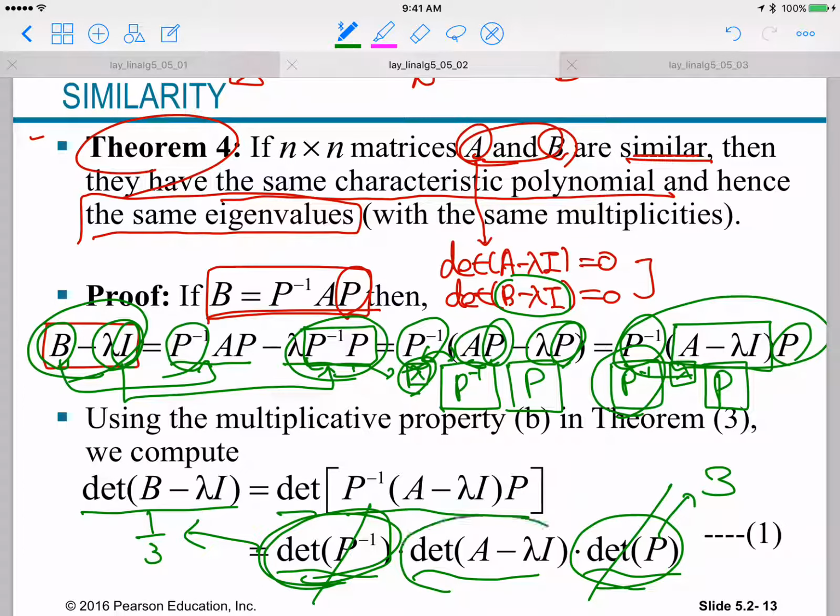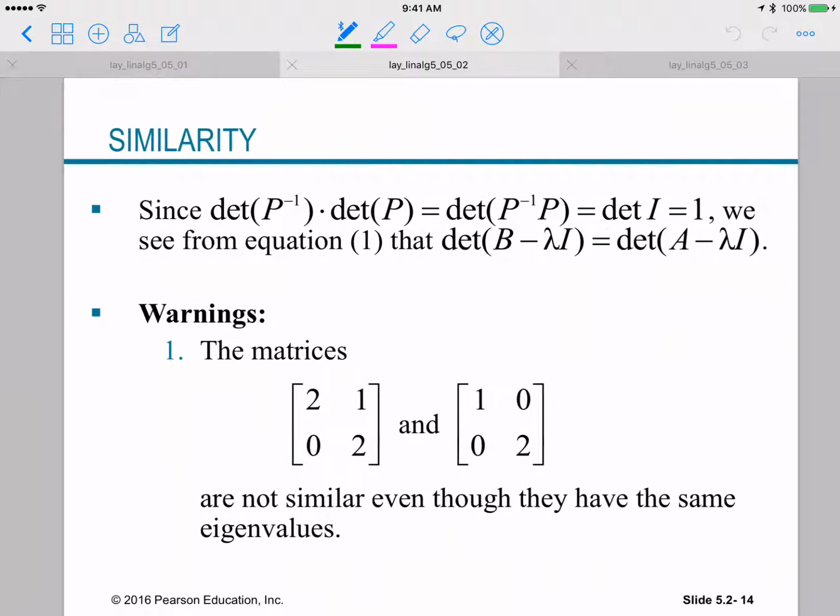And this part will be the same as this. So we proved that the characteristic polynomials of matrices A and B, which are similar, are the same. So what does that mean?